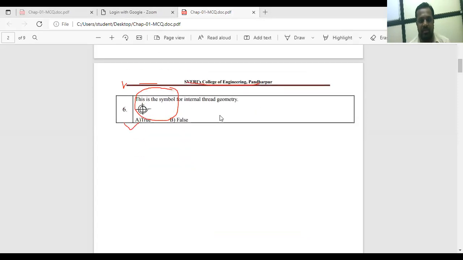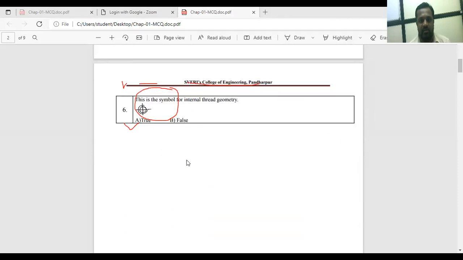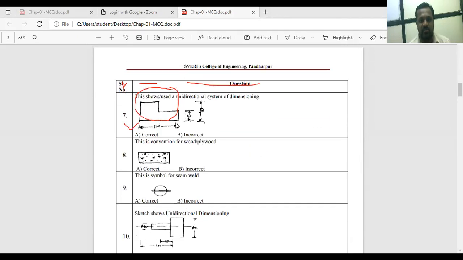Now see this question. This system is used in the unidirectional system of dimensioning. Is it correct or wrong? What is this system?